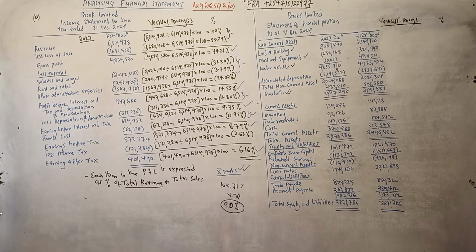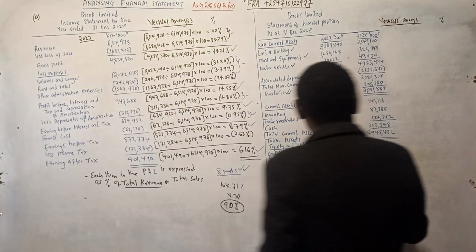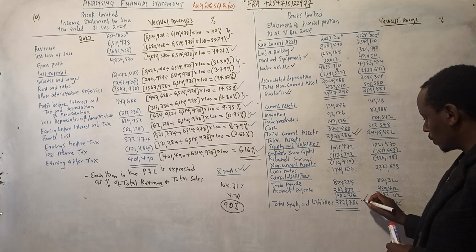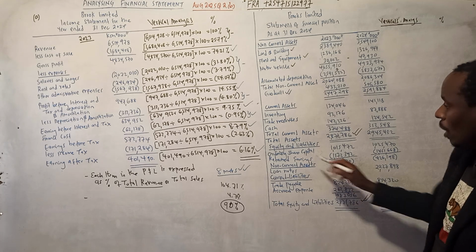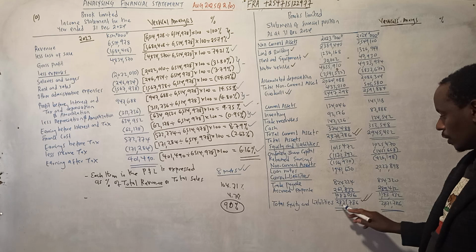So for vertical analysis, we said that every item in the balance sheet is expressed as a percentage of total assets, or total equity and liabilities. As you can notice, they are the same. Total assets is 2,871,786. Total equity and liabilities is 2,871,786.